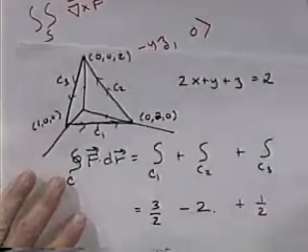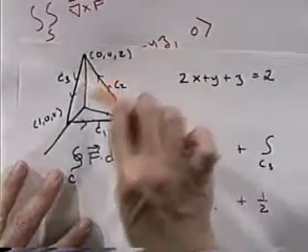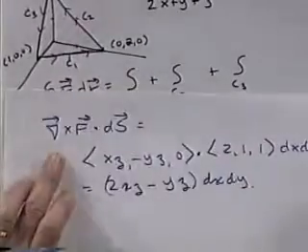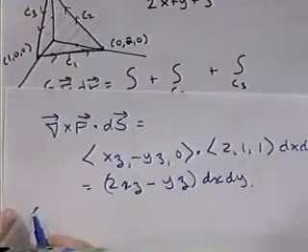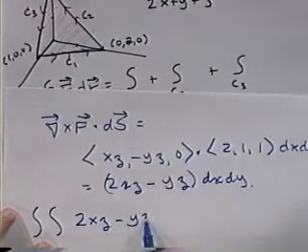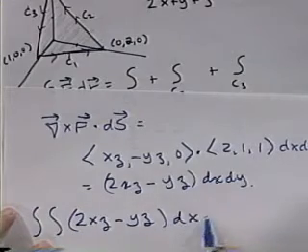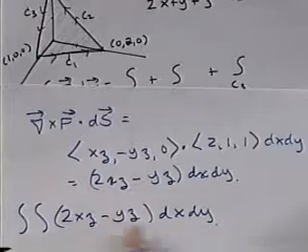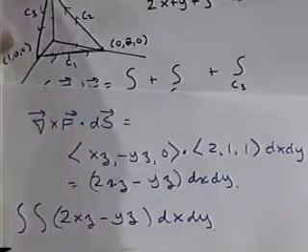We're integrating over this surface, that surface right there. So we have del cross F dot dS is, we're integrating over the surface of 2xz minus yz dx dy. Now notice, since we're integrating with respect to x and y, we shouldn't be having z's in here. Well, that's very easy.